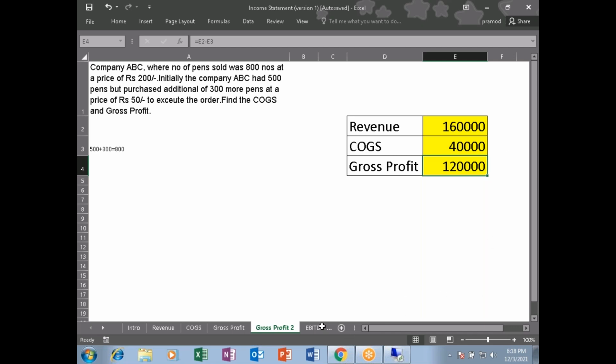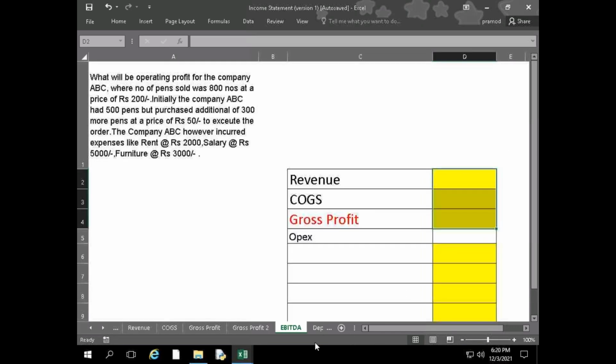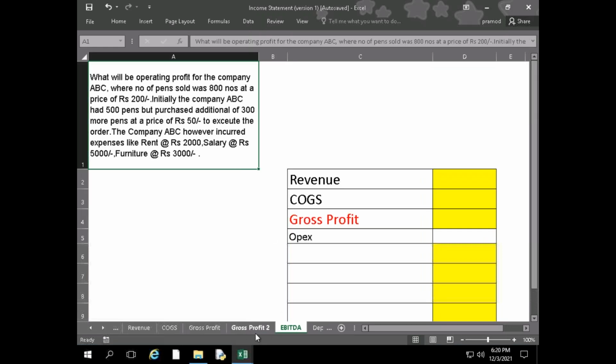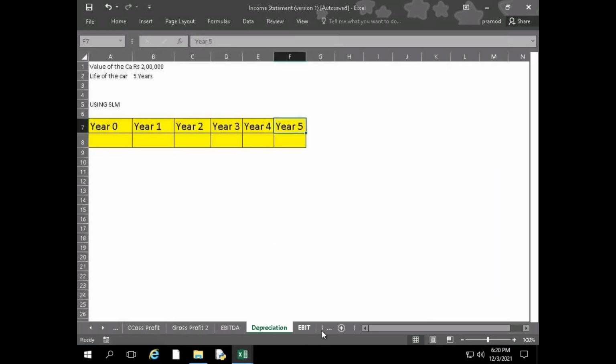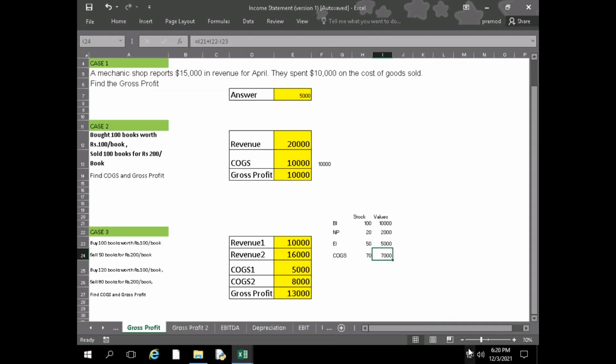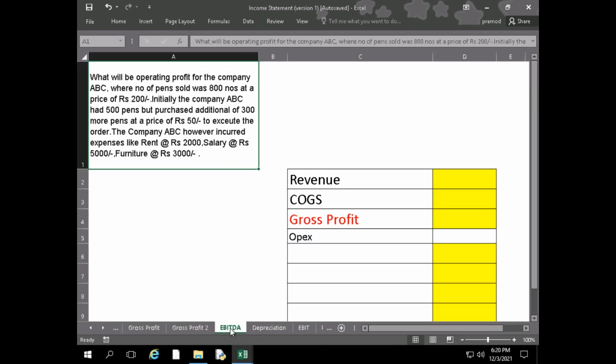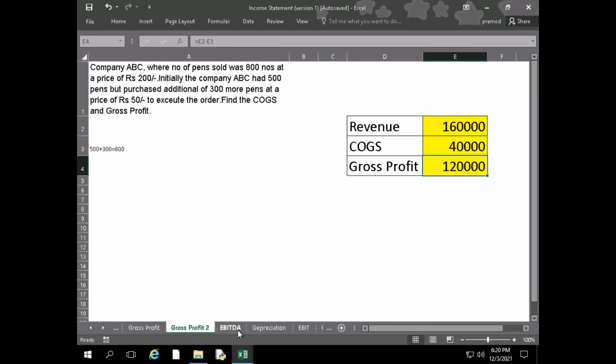Now what you need to do is find out EBITDA. Here it is connected everywhere, from one sheet to another. In EBITDA, you just copy the data from gross profit. So how do I copy from sheet to sheet?